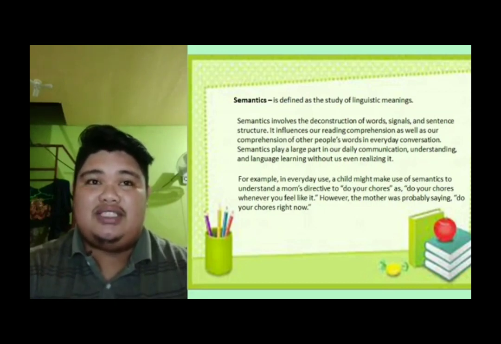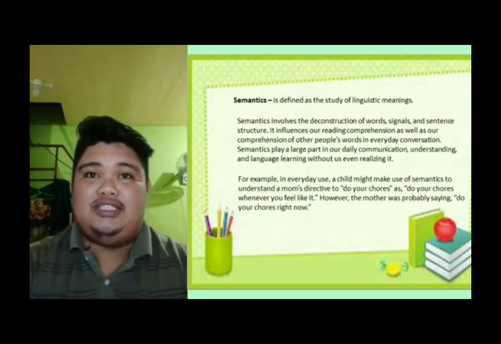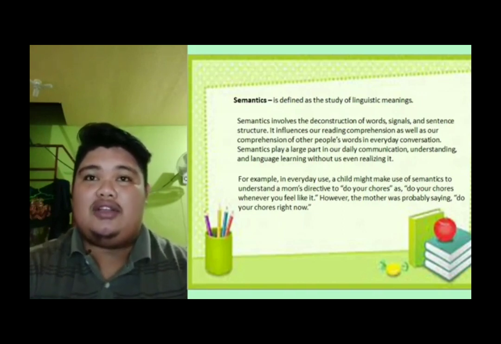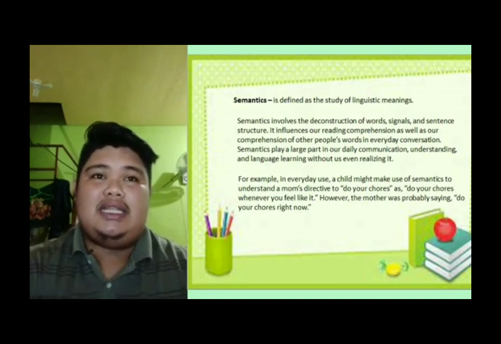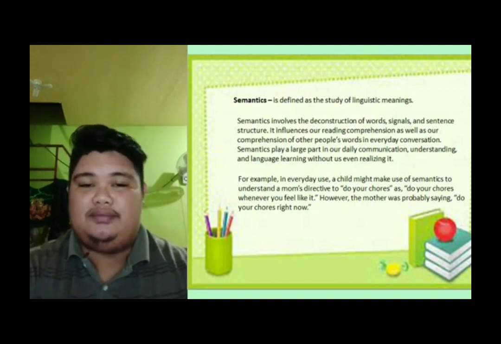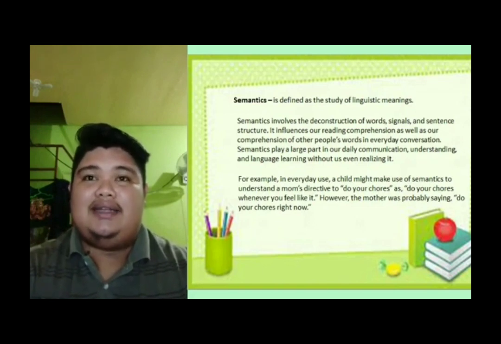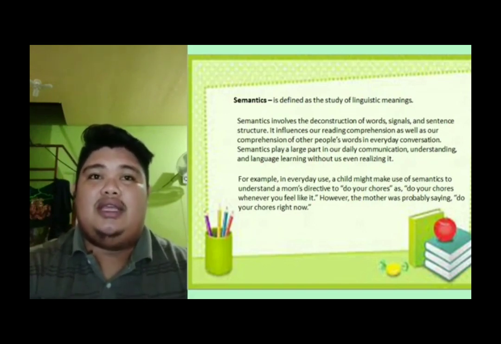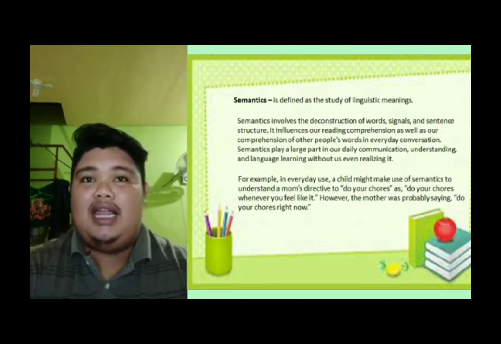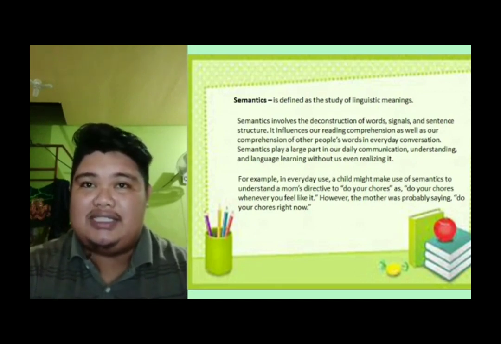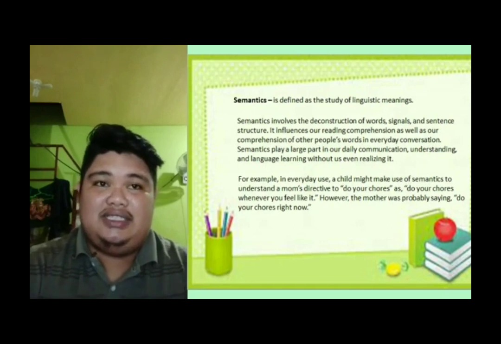It influences our reading comprehension as well as our comprehension of other people's words in everyday conversation. Semantics plays a large part in our daily communication, understanding, and language learning without us even realizing it.